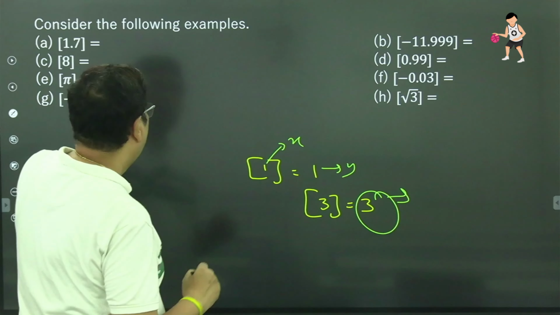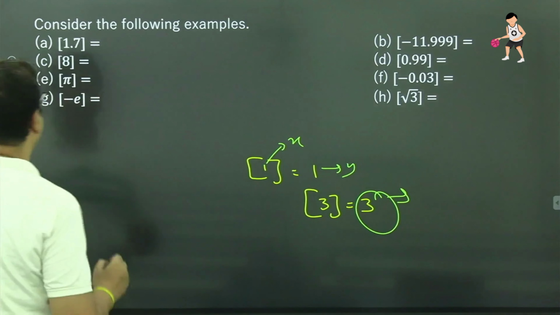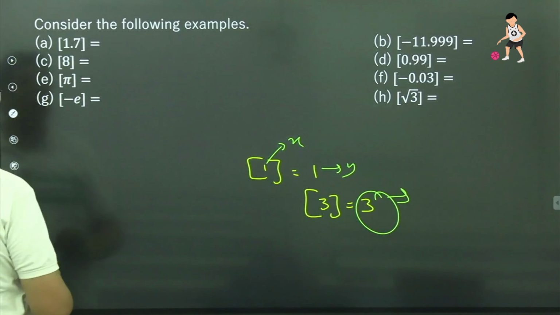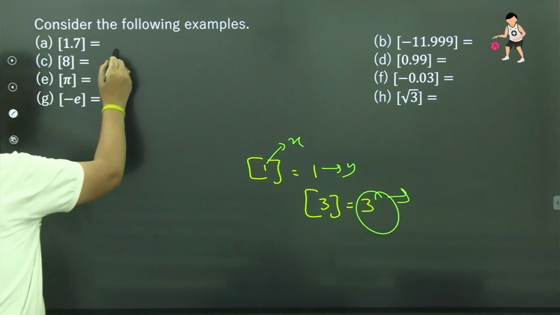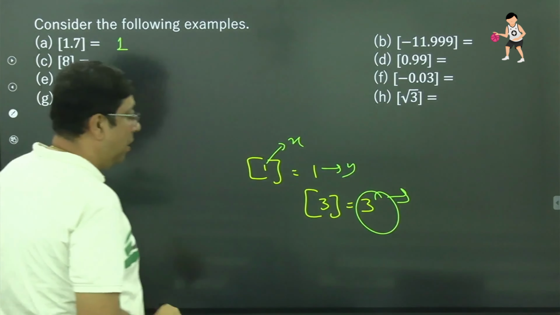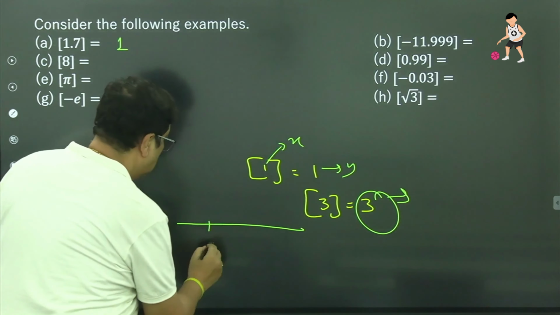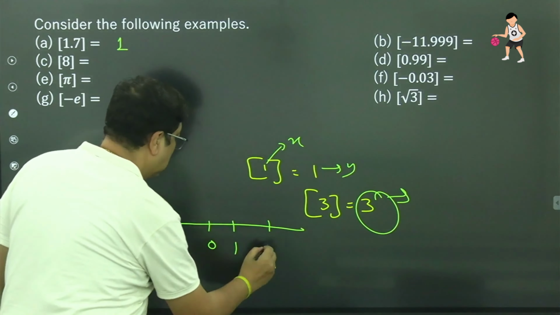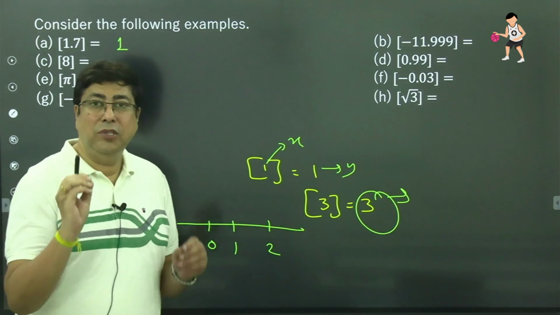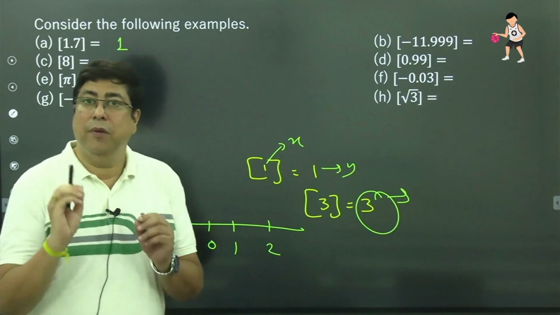Let's proceed. For example, box of 1.7. So 1.7 is coming 1. Remember, if this is 0, this is 1, this is 2, any non-integer number lying between two integers, we have to take the lower value according to the definition.